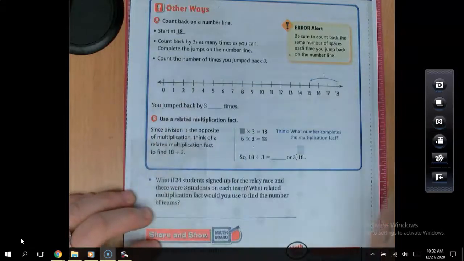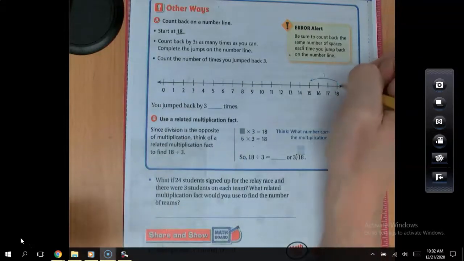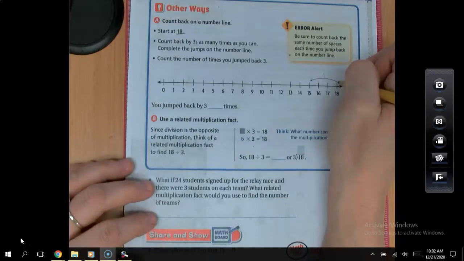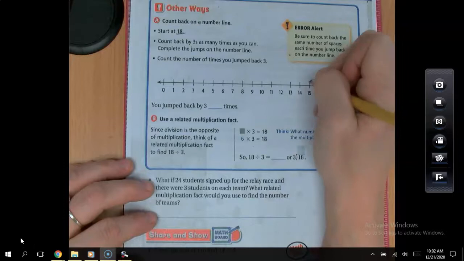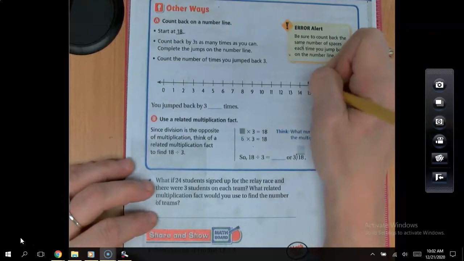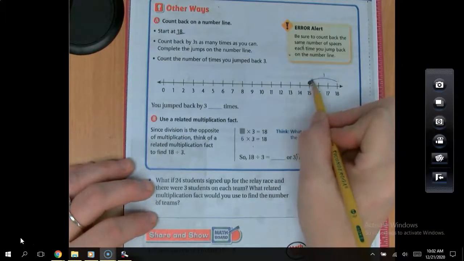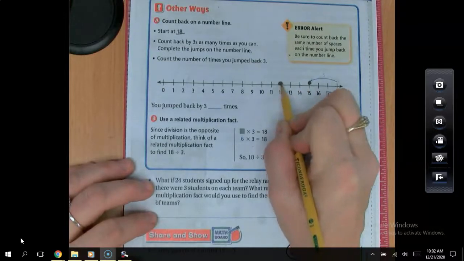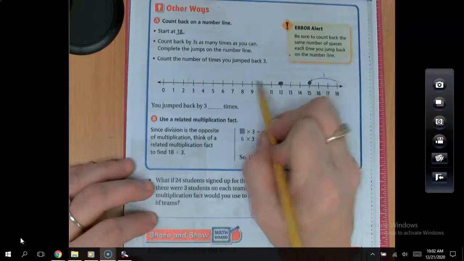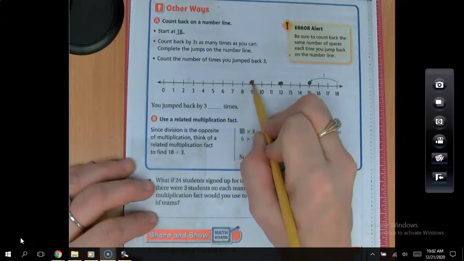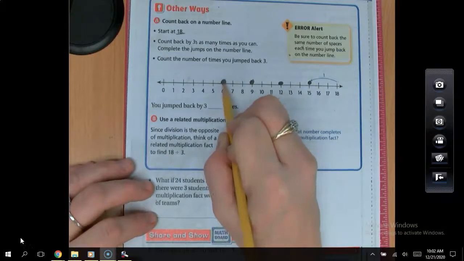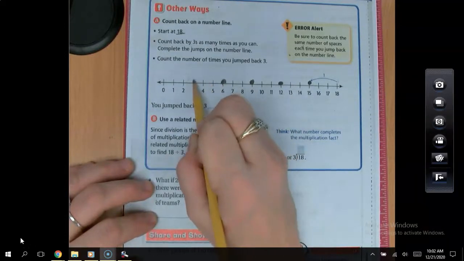So what I like to do is put dots. If I'm counting by 3s, I'm going to go 1, 2, 3, and I'm going to put a dot right here. Then I'm going to do another 3. 1, 2, 3, a dot. 1, 2, 3, another dot. 1, 2, 3, another dot. 1, 2, 3, another dot.